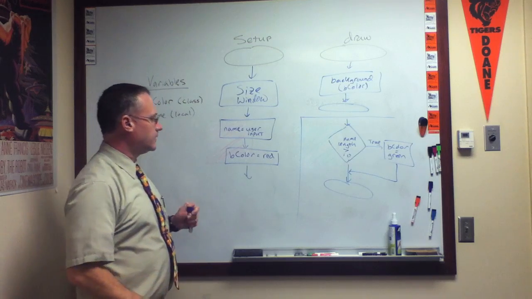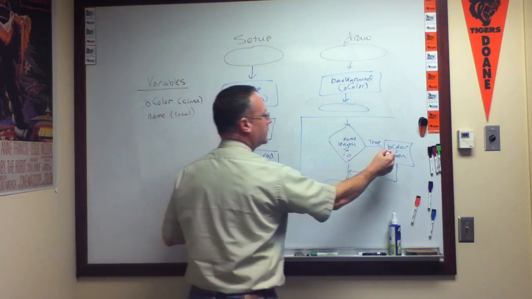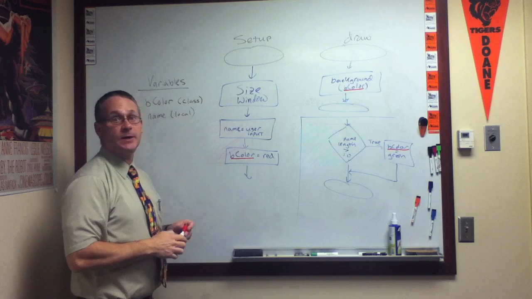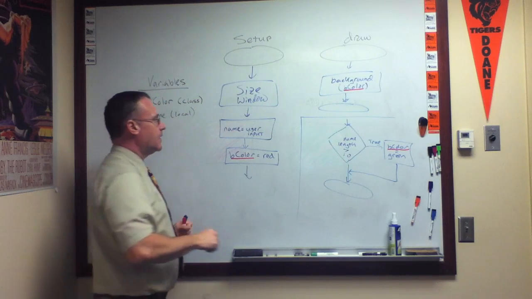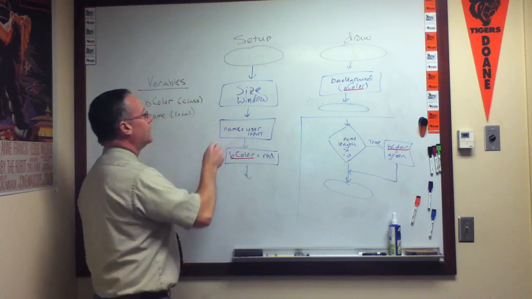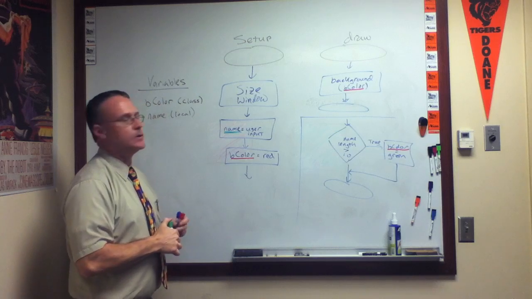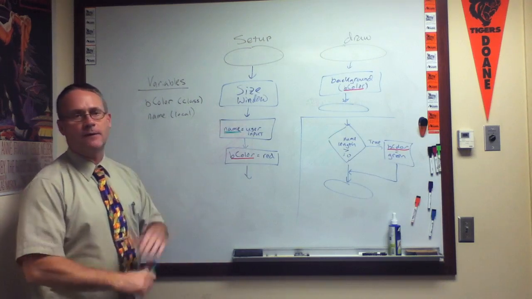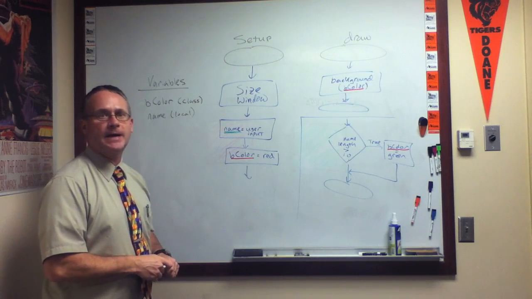And remember, that color variable that we use here in setup and here in draw has to be a class variable so that it can be accessed by both of those methods. On the other hand, name only occurs in setup, so that can be local to setup. So there's the design for our simple little practice problem. Now let's go ahead and implement that.